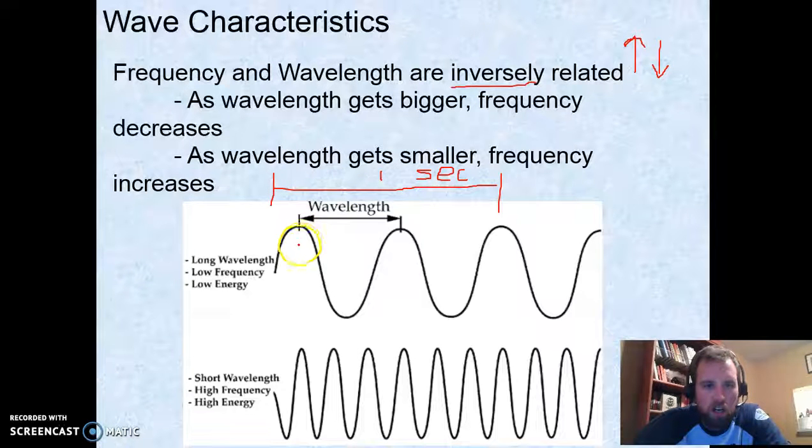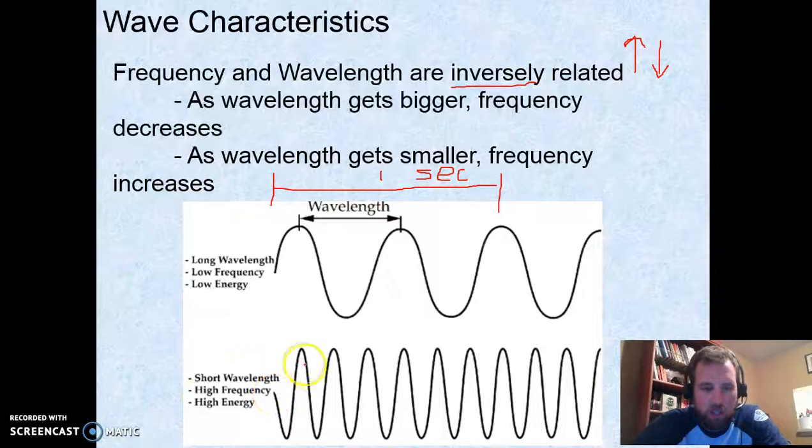The example I have for you here, say this represents 1 second. This first wave, we would say the wavelength is pretty big. There's only 2 waves in here. We go 1 wave, 2 waves per second, and the wavelength is pretty long. Vice versa, as the wavelength gets smaller, as the waves get tighter, frequency will increase. Remember, frequency is how frequent the waves are. If we look at the bottom one, short wavelengths equal a higher frequency.